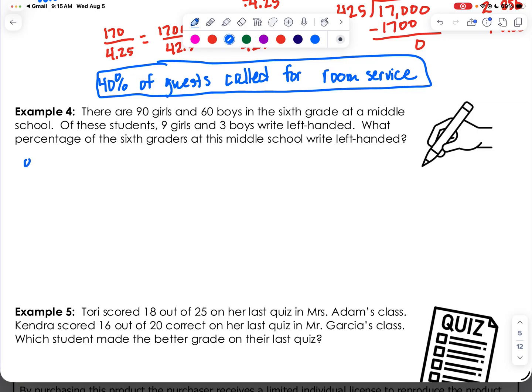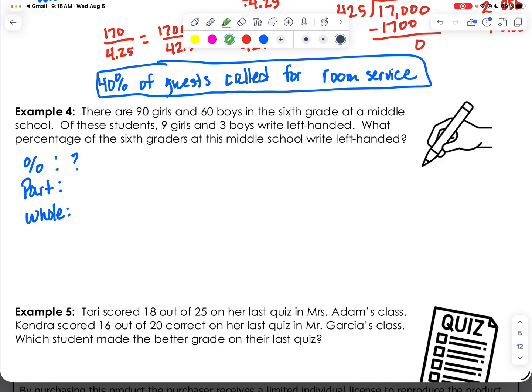All right, welcome back. The first thing I did was I identified the percent, the part, and the whole. So I do not know the percent. That was my unknown. Now the part, this is a little bit hard to figure out because we're trying to find the percentage of the 6th graders who write left-handed.